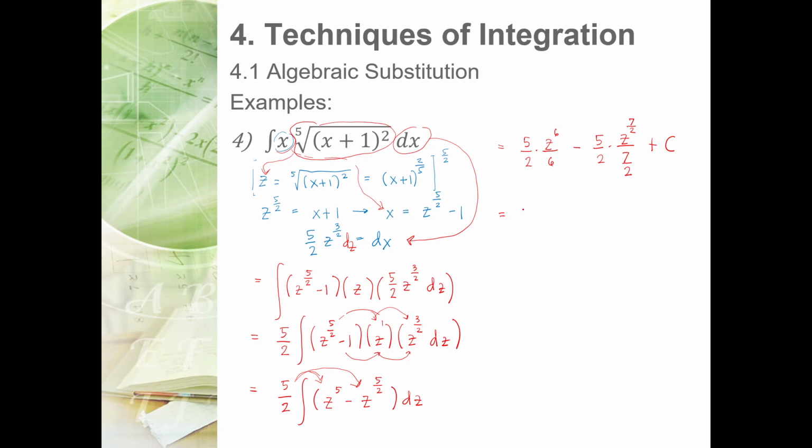So the final answer would be 5 over 12 z to the power of 6, and then minus 5 over 7 z to the power of 7 halves plus c. The 2 is gone because it cancels out, right? The reciprocal of 7 halves is 2 over 7.